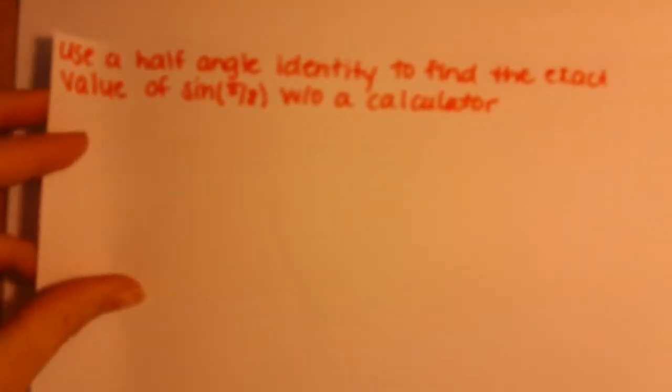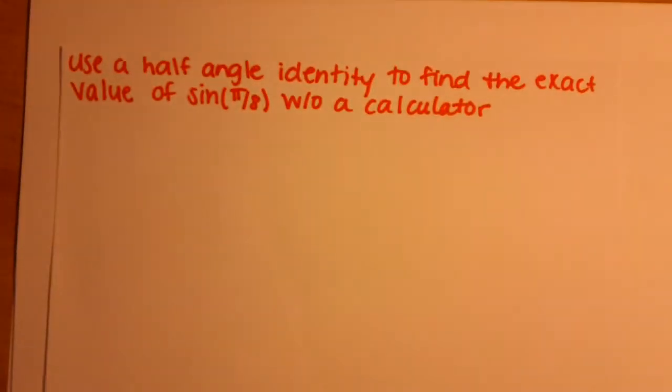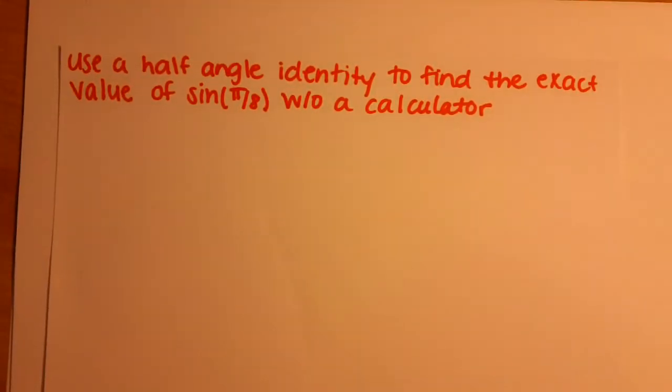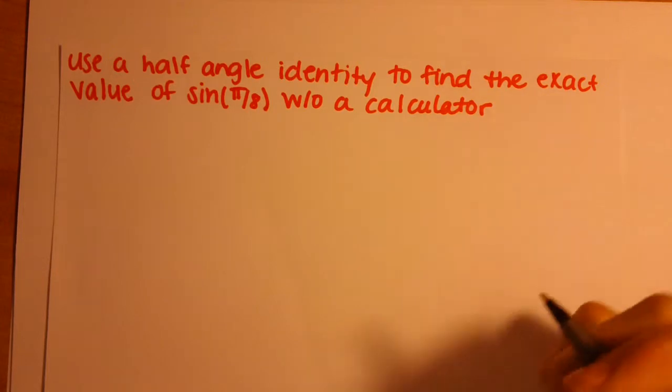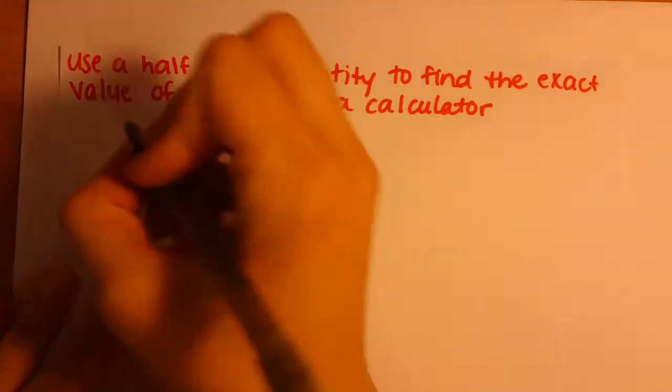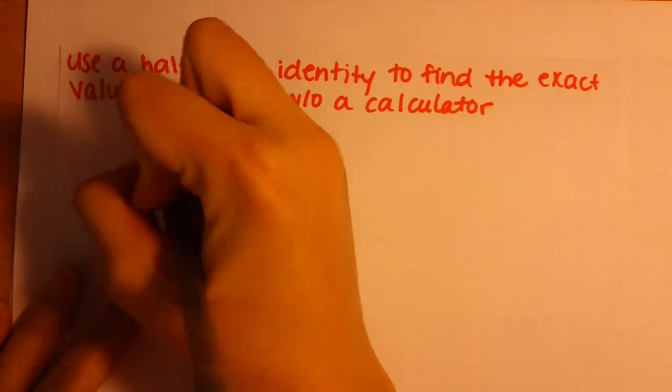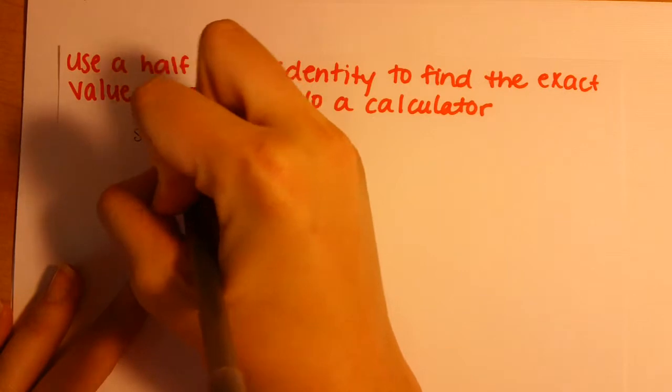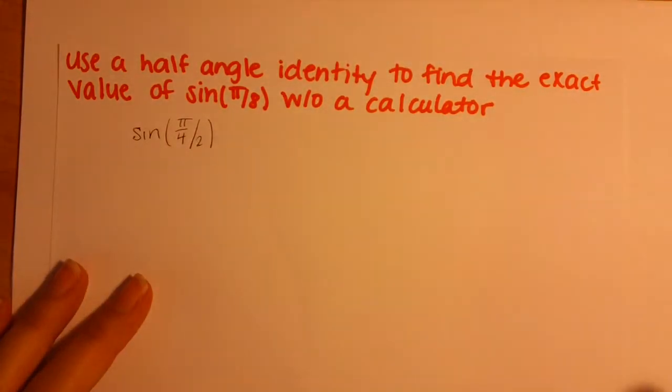So we want to use the half angle identity to find the exact value of sine of pi over 8 without a calculator. So here, pi over 8, we've got to figure out what we can divide by 2 to get pi over 8. So this is the same as pi over 4 divided by 2. Okay?